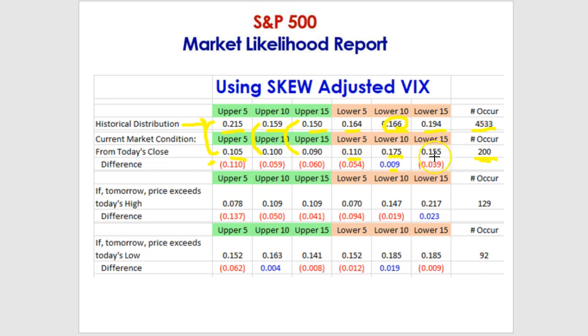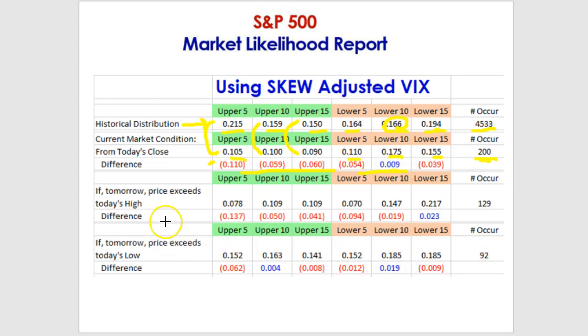The lower 15-day band, 15.5, again, which is lower. So 5 of the 6 bands were struck less often. So what's this a picture of? This is a picture of lower market volatility with a slight bias to the downside. The upper bands are getting struck far less often. The lower bands get struck less often, but not to the same magnitude as the upside bands. So that's the overall conclusion.